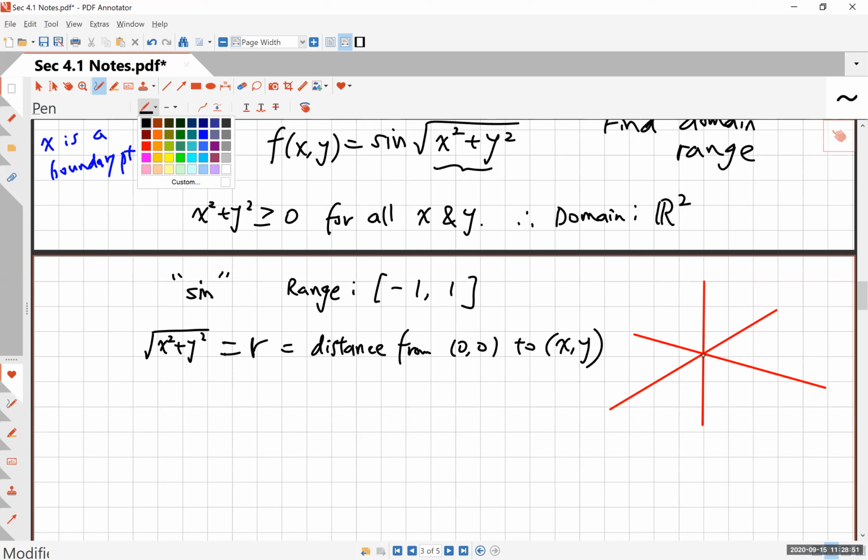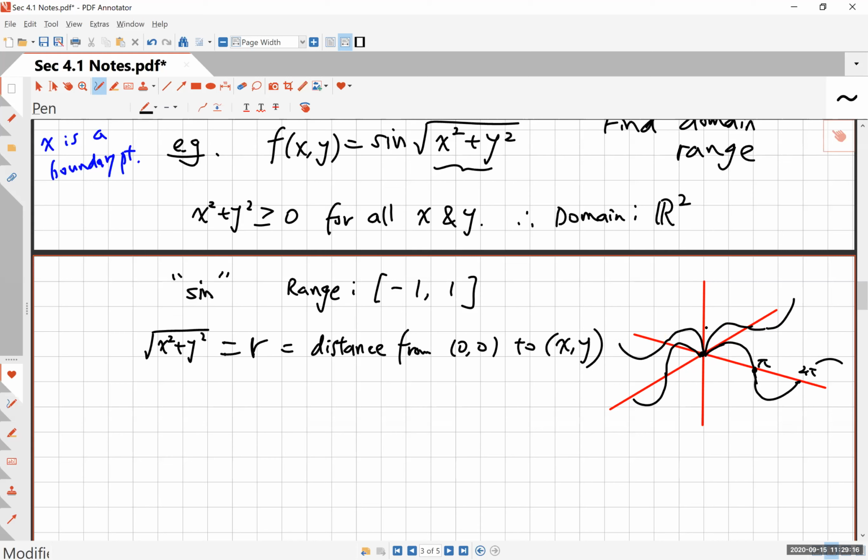At (0, 0), of course, sine of 0 is 0, and then let's stick to the positive y value. It'll go like this, and this is pi, and then 2 pi, and go up and down like this. But the same thing happens in this direction, and in all directions. So like I said, this will be a ripple.